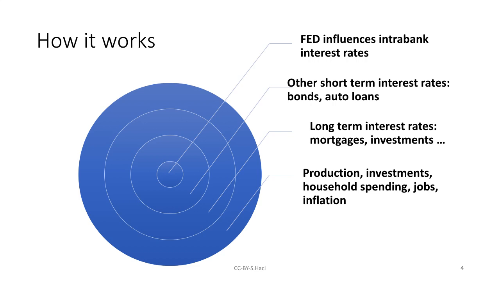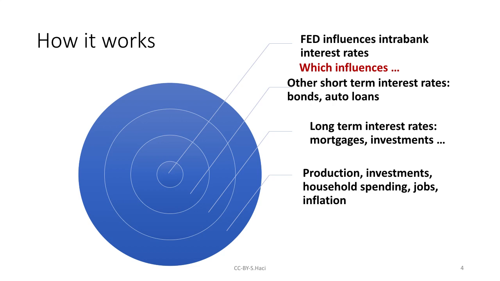So to summarize, the Fed influences the very short term interest rate, like interbank interest rates, rates that banks charge each other. But that in turn influences other short-term interest rates, such as the interest rate you pay on your auto loan or the ones you receive on bonds.